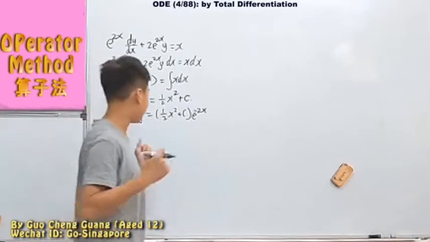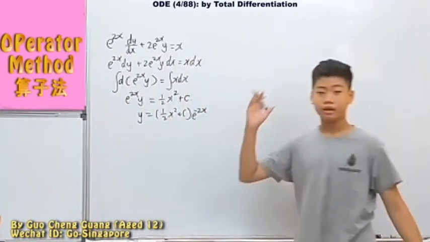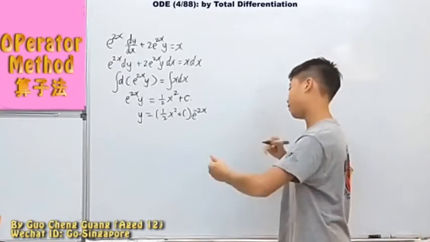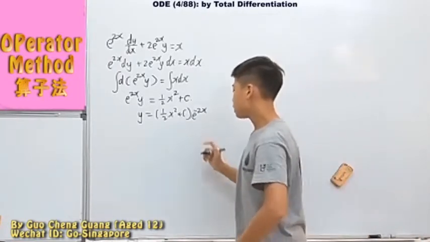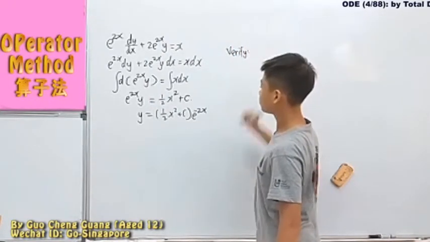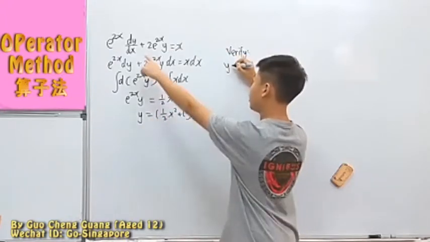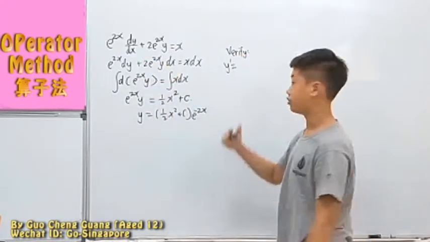If you want to verify this, I'm just going to show only for this part, then afterwards the second derivative I'm also going to verify. So to verify this, y you already have here, you only need the first derivative.